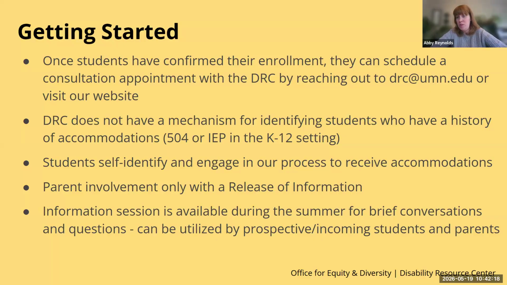And we do see parent involvement, but we have to have a release of information for parents to be involved in this process. We are still very clear that the student is in the driver's seat and has to be the one making decisions about accommodations and being the primary communicator with us.